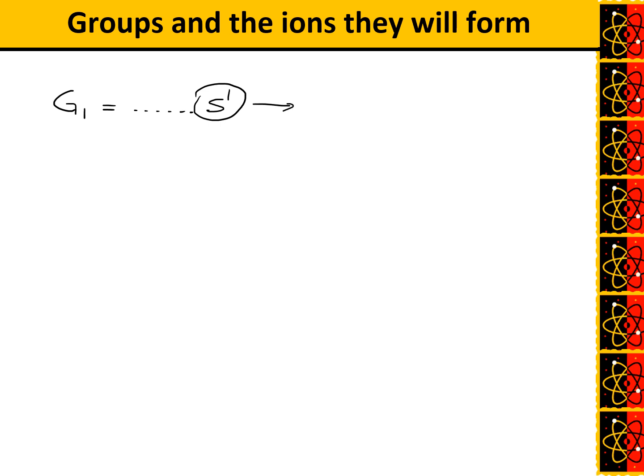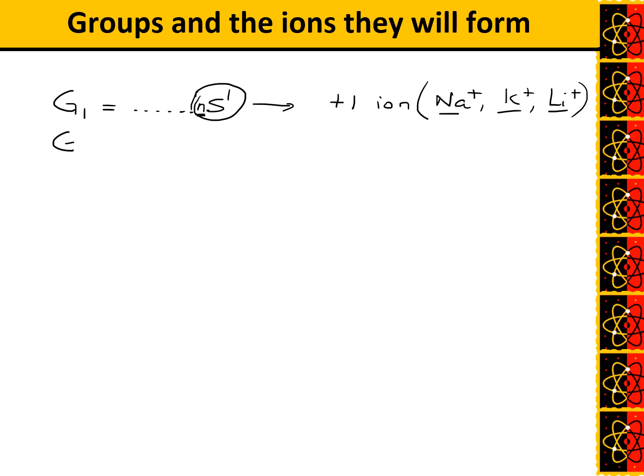They are going to form the +1 ion. Okay, and the examples are sodium plus, potassium plus, lithium plus. Okay, all of those are going to lose 1 electron and form the +1 ion. How do I know that they are going to have only 1 extra electron? Because the electronic configuration ends in whichever is the period number, S1.